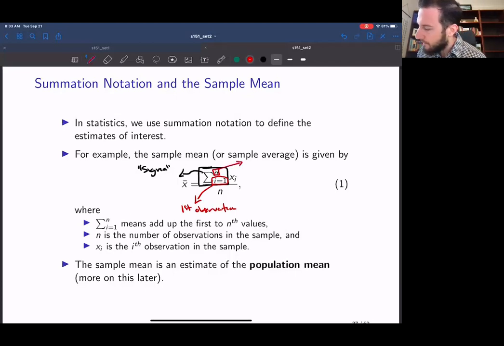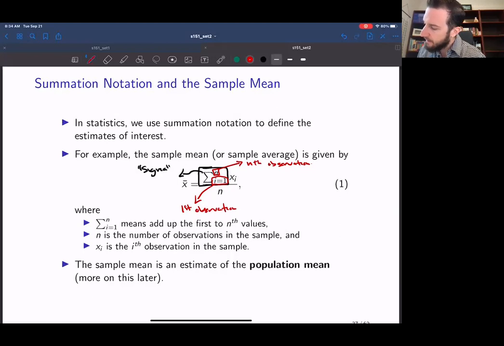So this part here means the nth observation. So basically what this symbol is saying to us is add everything from the first value to the last value in the data set. So little n counts the number of objects in the data set.